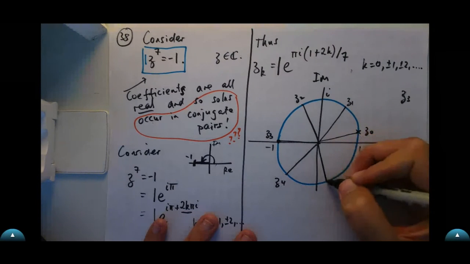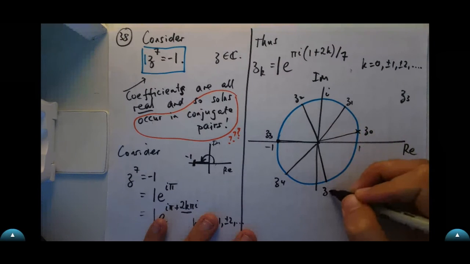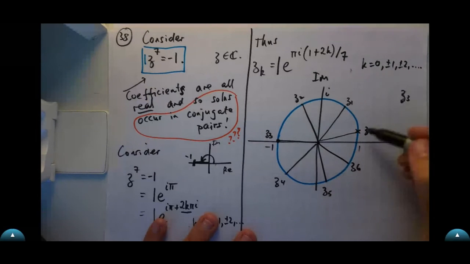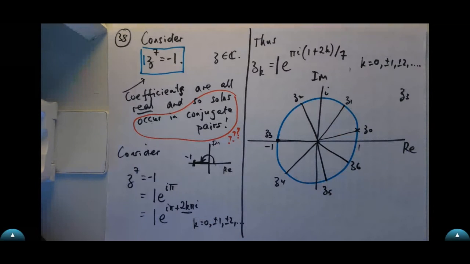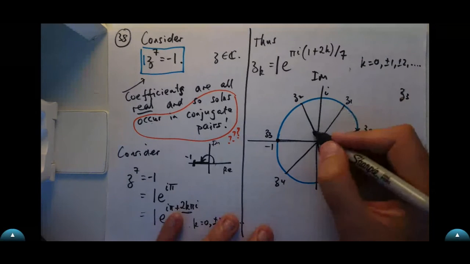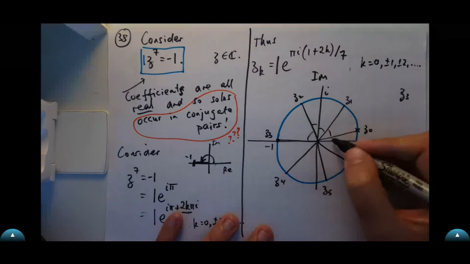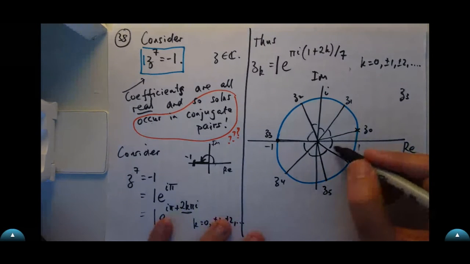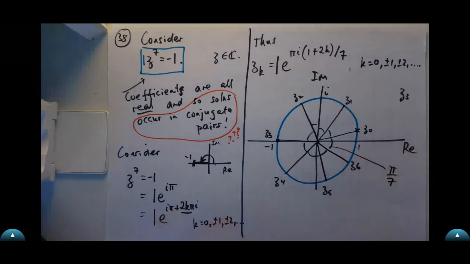This will be, I think, z5. And this will be something like z6 here. Okay, 1, 2, 3, 4, 5, 6, 7. So we've got our 7 solutions. Okay, and my drawing isn't very good, but all these angles should be the same, so these are all pi on 7 radians.